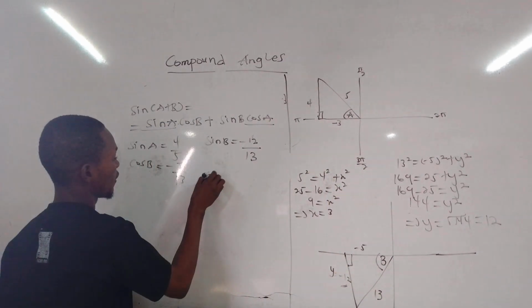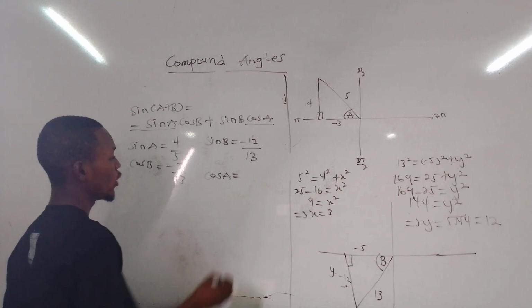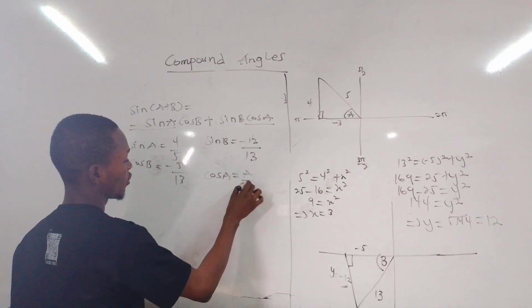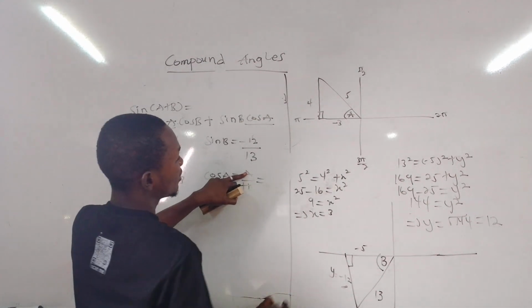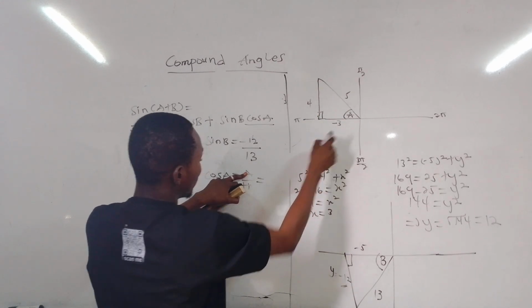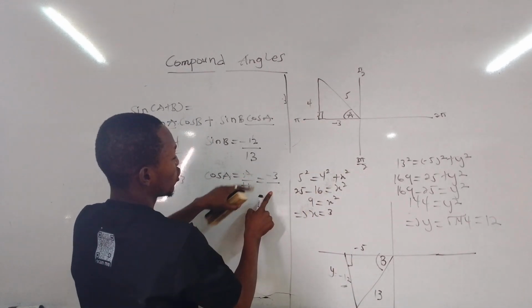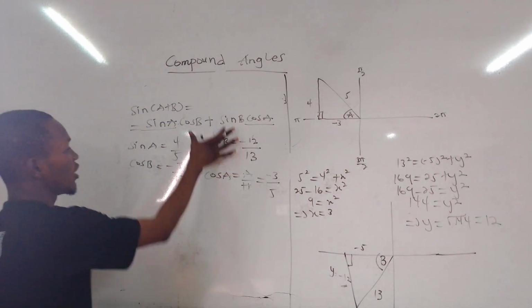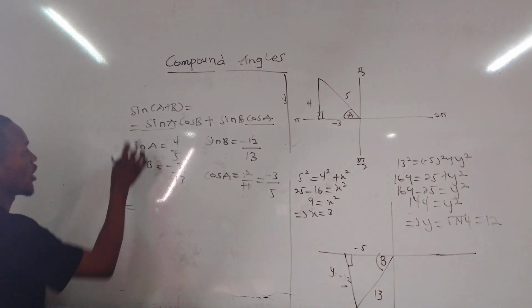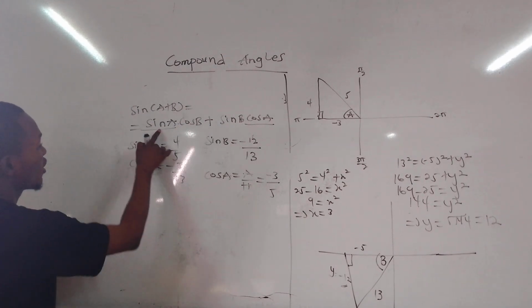Because the angle here is A, we have to find cos A from here. So cos A, as we know, is adjacent on hypotenuse. So where is the adjacent? The adjacent is negative 3 on the hypotenuse, which is 5. So we just do the substitution from here. Now sine (A plus B) is equal to the whole of this. What's the value of sine A?